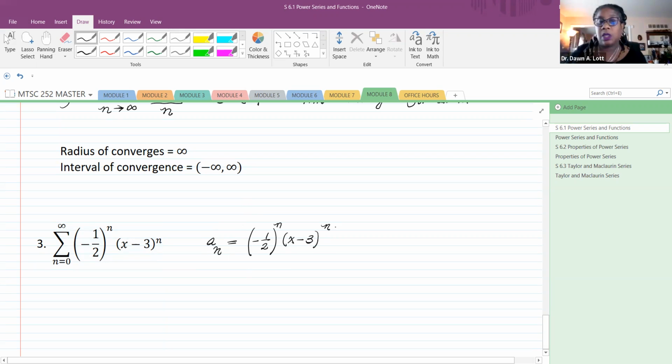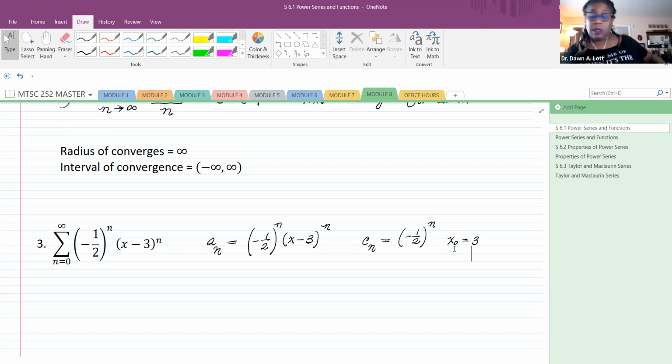A couple things that we know first: cn is simply (-1/2)^n. Our x naught is simply 3. So we're going to be looking for a radius about x equals 3 to determine where this thing converges.